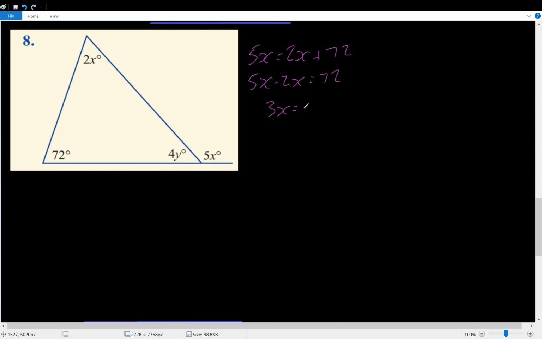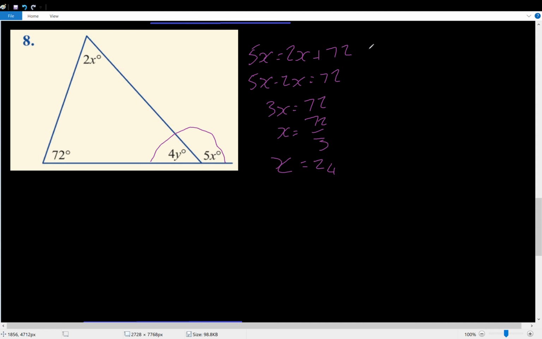So 3x equals 72. x is going to be equal to 72 over 3. So x is going to be equal to 24. And then we can use the fact that this is a straight angle just down here and fill in our value for x, and we can get our value for y.